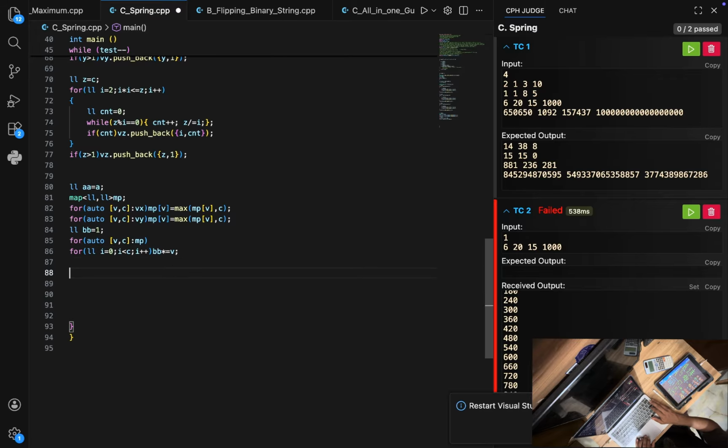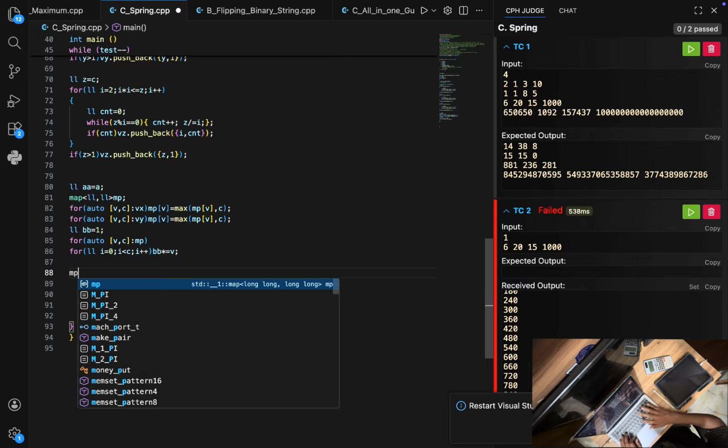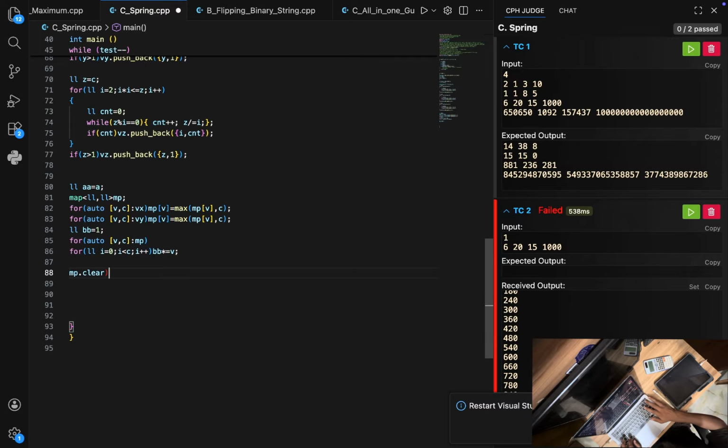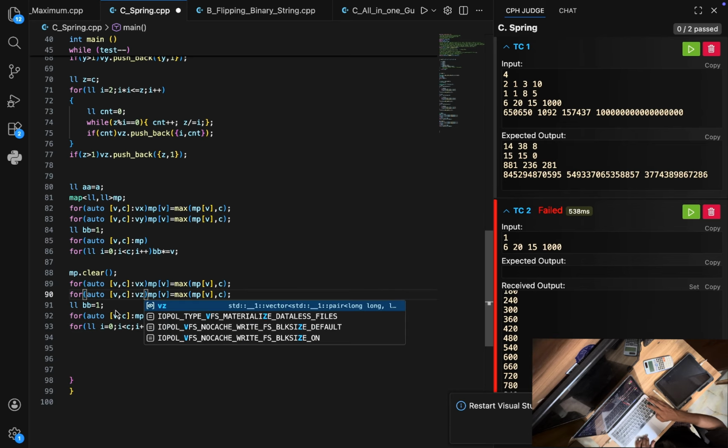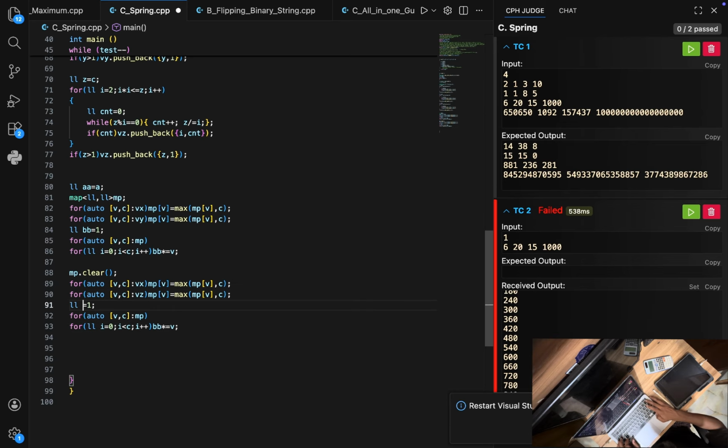Okay, I got BB. I got A. I got B. Then I need again mp dot clear. Too much work. I'm just doing too much work. I know there is a better option, but who knows? It should be Z. Should be CC.